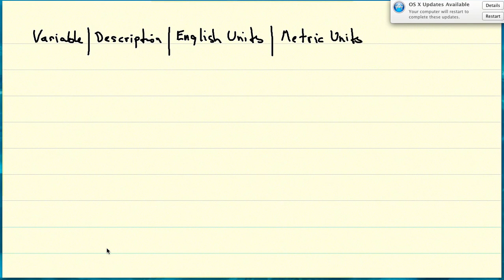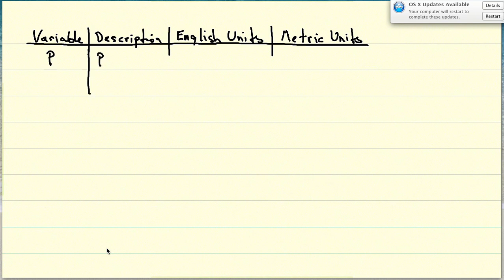Our first variable is, of course, pressure. The English units you're going to want pressure to be in are PSIA, where the A stands for absolute as opposed to gauge. And the metric units are kPa.